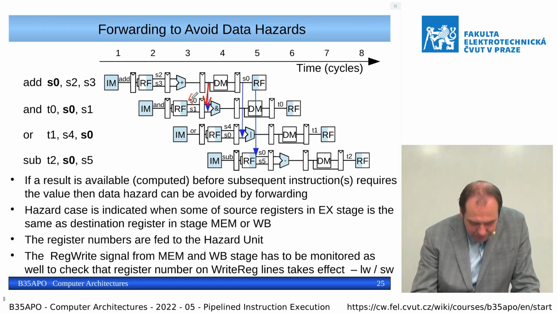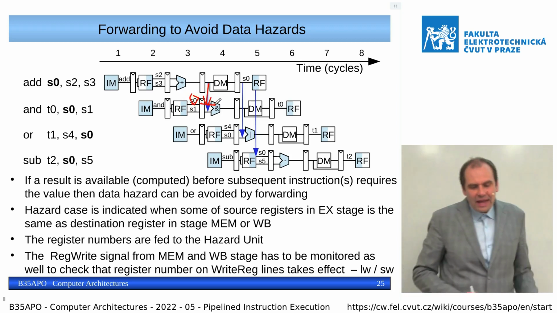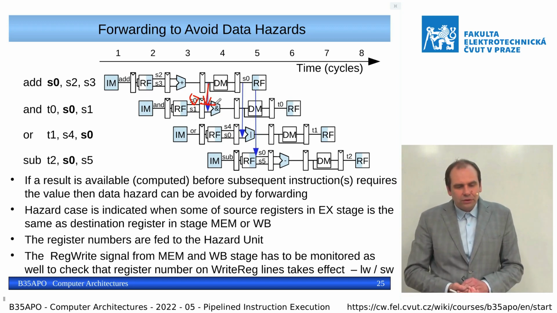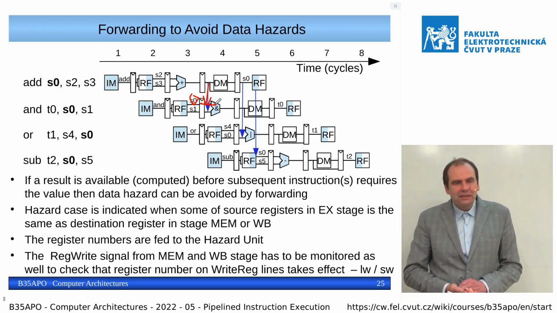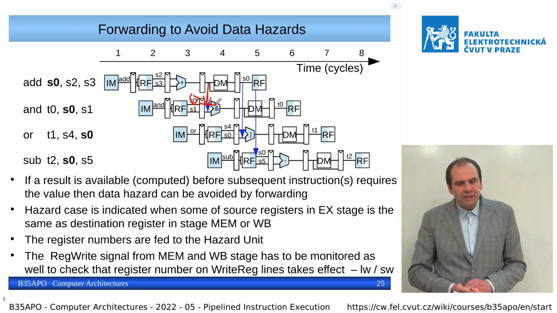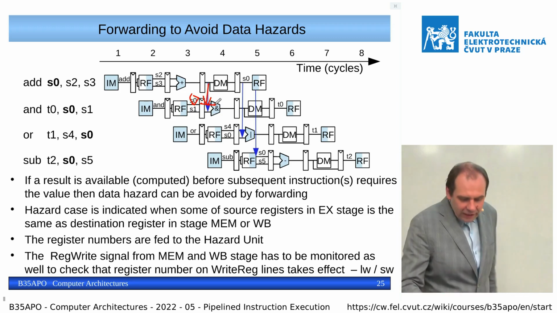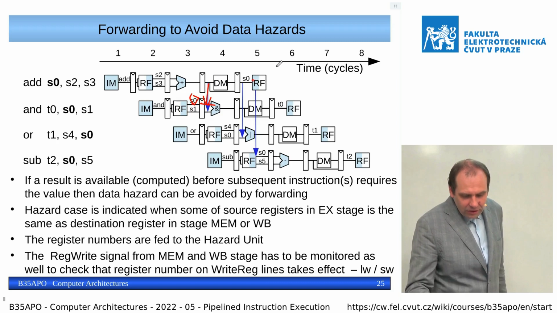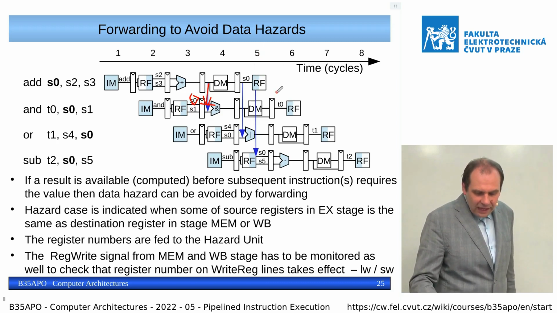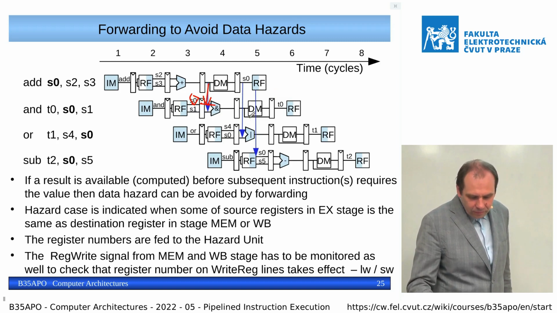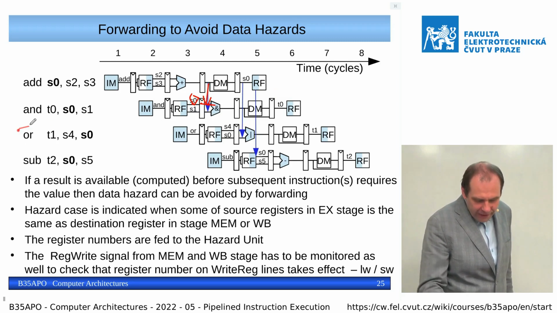So into this place. So basically we can continue the execution of the AND operation, but we replace the input of the arithmetic logic unit with the correct result, which will be stored into the register file in the 5th clock cycle. Same for the OR operation.